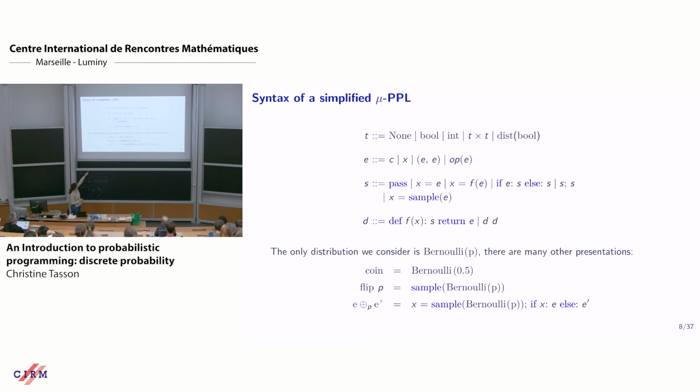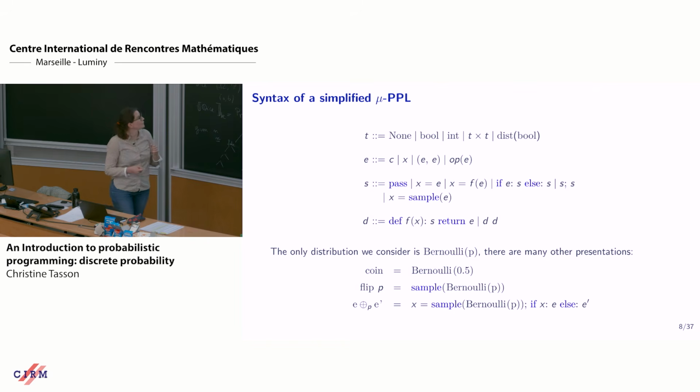And the plus p here means that you first toss your biased coin, and then according to the result, you decide to do E or E prime. Okay, so many notations depending on whatever probabilistic language you want to study, but it's always the same thing.